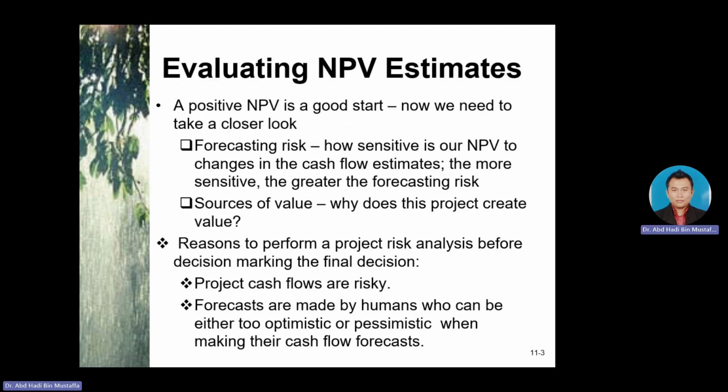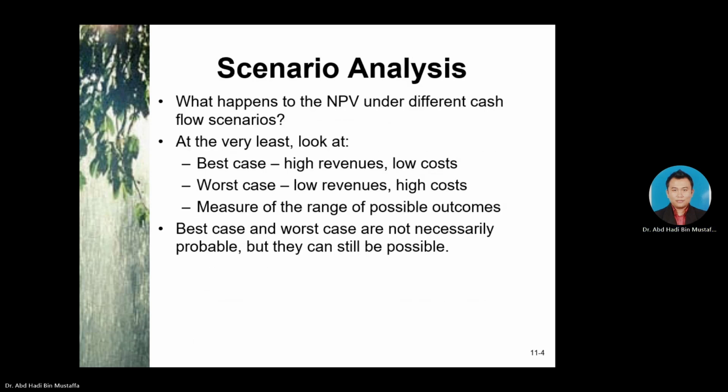Now, you see here, the second point, scenario analysis. The most important thing is that the objective of the company is to maximize profit and minimize losses. So in the best case, you maximize your revenue and minimize the cost, because you want to achieve the maximum profit and minimize losses.